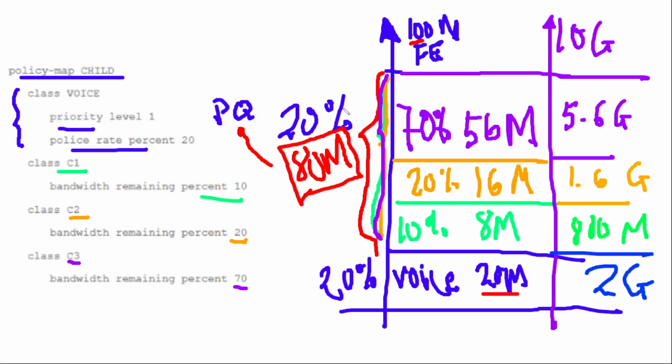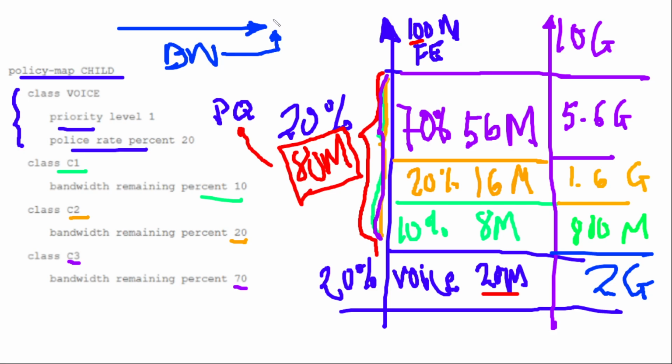And that depends on whether this policy map is attached to a parent policy map. Then your parent policy map will tell you how much bandwidth you have to work with. If this is not a child policy map, then it will depend on the bandwidth command. Remember that every interface has a bandwidth command, and it is usually automatically set to the interface capability.